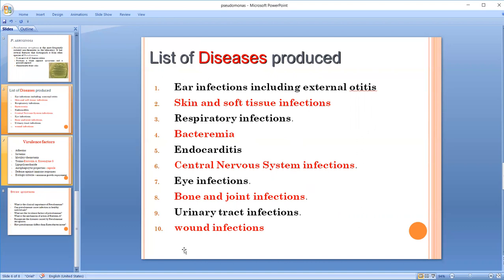The list is big: ear infection, including external ear infection, skin and soft tissue infection, respiratory tract infection, bacteremia, endocarditis, central nervous system infection, eye infection, bone and joint infection, urinary tract infection, wound infection, and so many. So many diseases they produce.